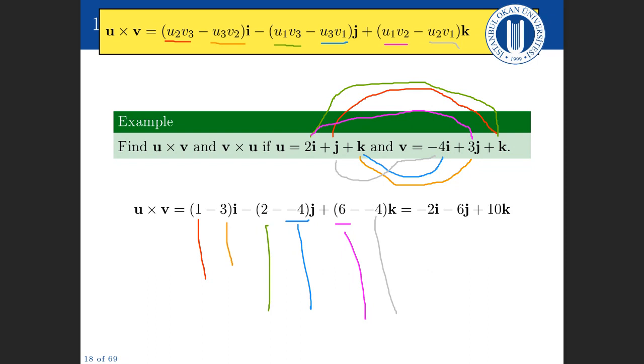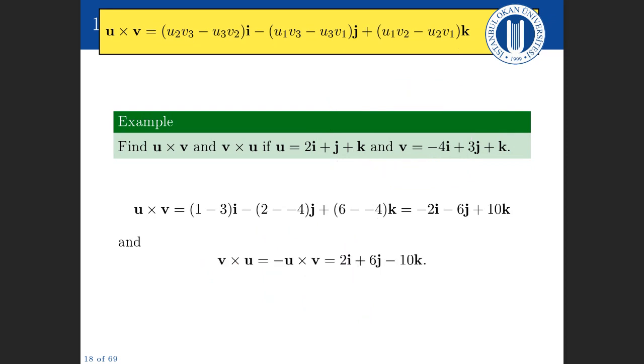So we get minus 4 here. Simplify that, that's minus 2i minus 6j plus 10k. And we're also asked to find v cross u, but that's easy because v cross u is just minus u cross v. So that must be just 2i plus 6j minus 10k.